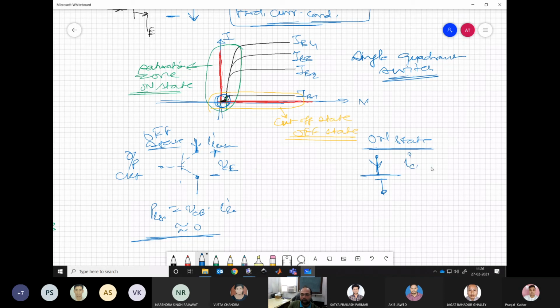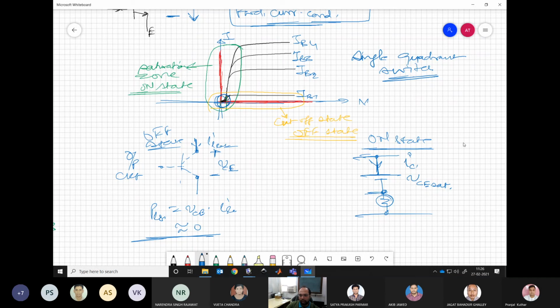So if this is IC, there is some voltage VCE sat in the conduction state. And because the tilt is not very, no, it's a very sharp rise, we may ignore the resistance component, but sometimes we may consider it depending on what the data sheet is saying.